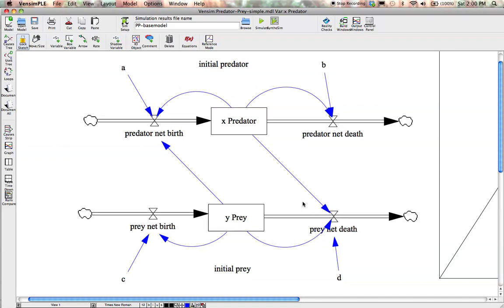Another distinction to make, again, is that the death of the prey is also driven by the availability of predator, meaning more predator, more death of prey. So that's essentially the Lotka-Volterra type interactions that we just discussed. So we'll go open the dialog boxes.